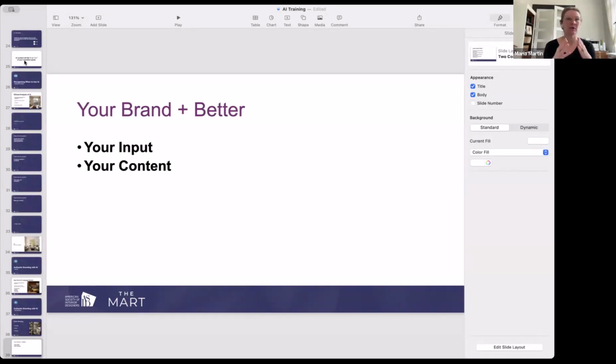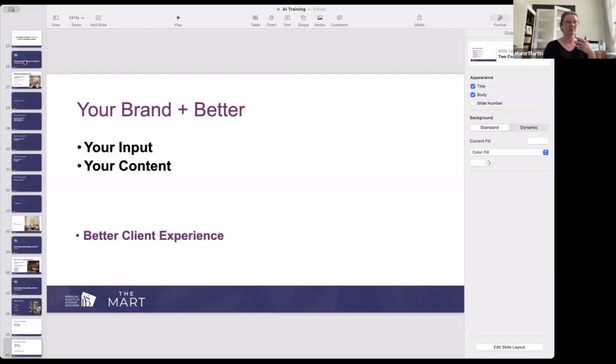We want it to be a very exclusive feeling that is indicative of working with you and your business. And so the number one thing is good input creates good output. You have to deliver input and content from your business to actually receive solutions that are good for you. And in all of this, the goal is to create that better client experience.